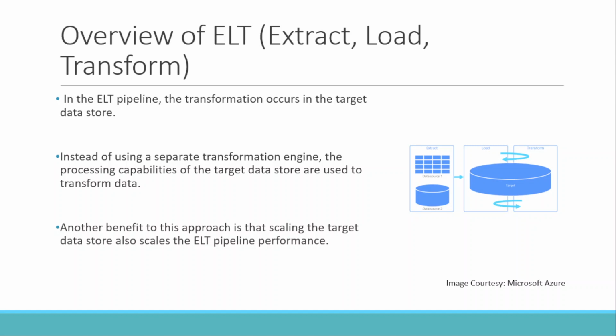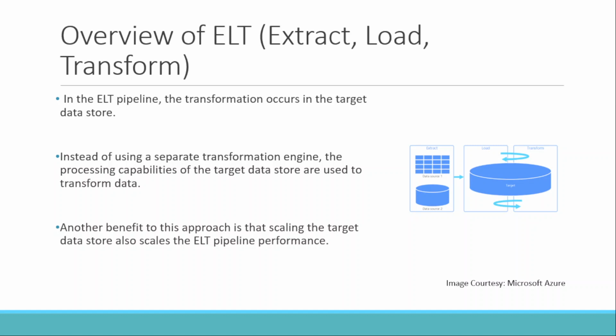Overall, we can say that ELT works well only when the target system is powerful enough to transform the data efficiently. The typical use cases for ELT fall within the big data realm. For example, you might start by extracting all the source data to flat files in scalable storage such as Hadoop Distributed File System, Azure Blob storage, or Azure Data Lake Storage Gen 2, or ADLS Gen 2, with technologies such as Hive, Spark and PolyBase.